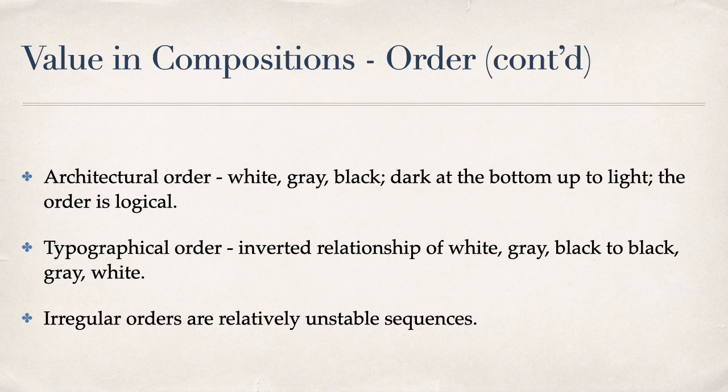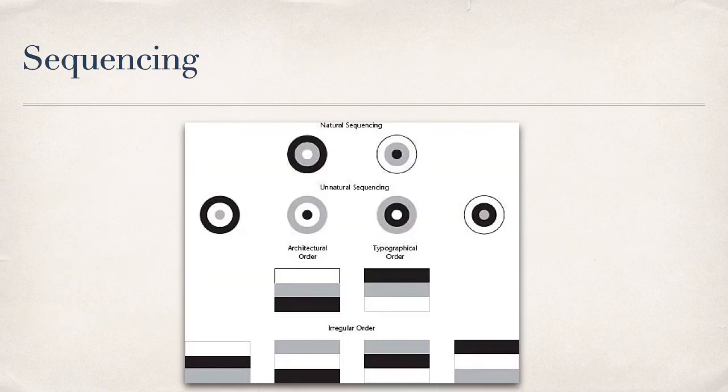Irregular orders are relatively unstable sequences. Do note that architectural order, typographical order, and irregular order are all sequences that can be converted to light value, middle value, and dark value hues, or a combination of hues. The last slide is an overview of sequencing. With natural sequencing, we have white, gray, black, or black, gray, white.